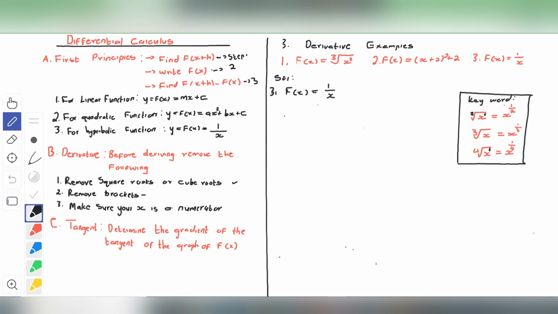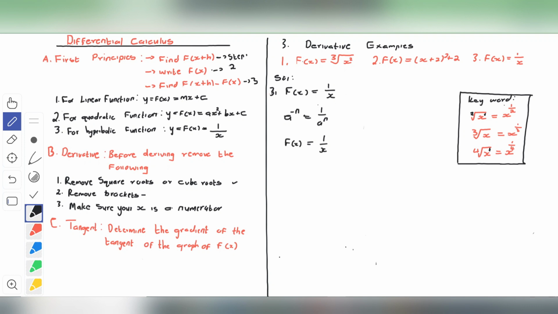Remember this formula: a to the power of negative n equals 1 over a to the power of n, meaning we can use this exponential law to write this x to be the numerator, right? So f of x is 1 all over x.